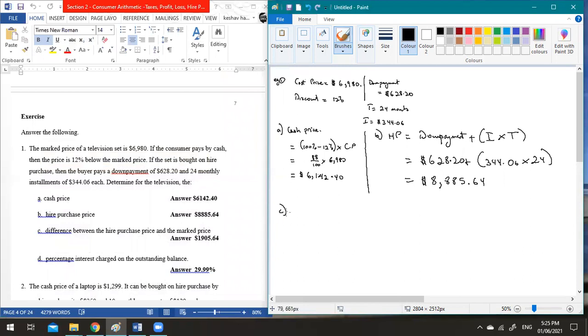And part C, as I say, and this is something that they ask all the time, what is the difference between the hire purchase price and the market price, right? So this is the difference between the hire purchase price and the cost price that was given. It would be the hire purchase minus the cost price.